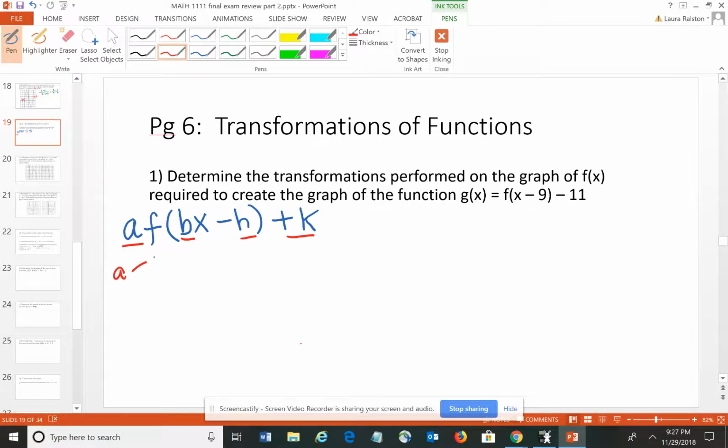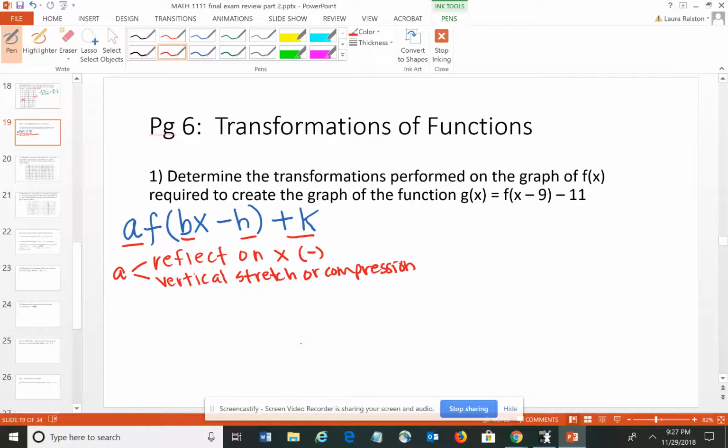A, if you'll remember, tells us whether or not it's going to be a reflection on the x-axis, and that's determined by the fact that it's negative. And it also tells us if there is a vertical stretch or compression.